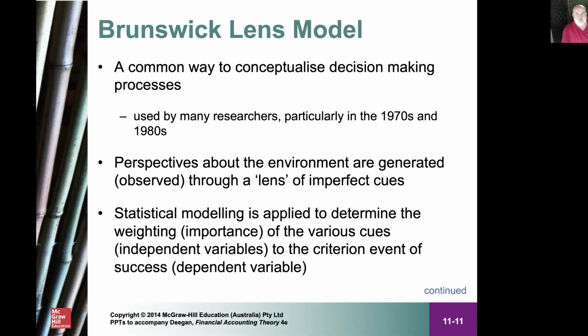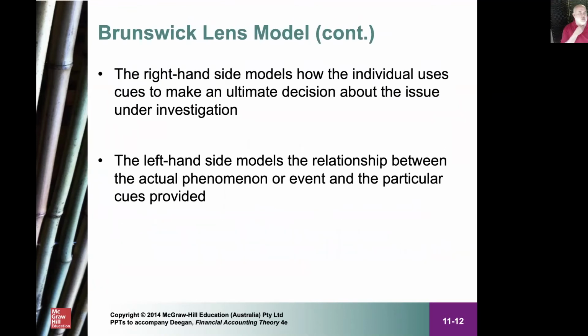Now, the right-hand side models how the individual uses cues to make an ultimate decision. A good example of a cue would be, if I see that there's rain on my window, that gives me a cue or an idea that I should take an umbrella. The left-hand side models the relationship between the actual phenomenon and the particular cues.